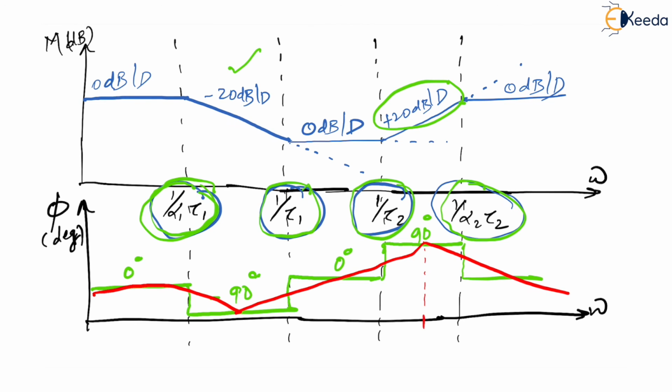Whereas if you see, this is plus 90 degrees, which means this becomes your omega lead, the frequency at which maximum phase will be added, and this is omega lag, the frequency at which maximum phase will be removed. That's it.